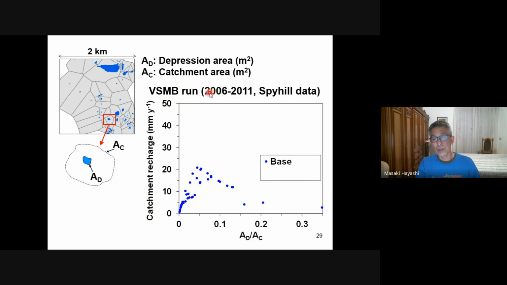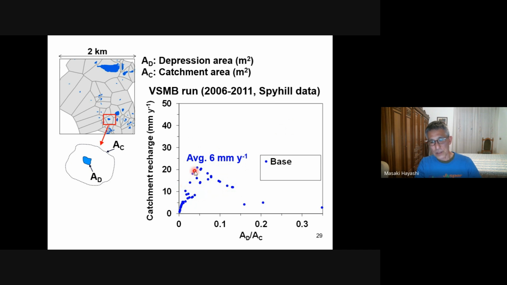We used the meteorological data for 2006 to 2011, and then we simulated the recharge for different ratios of depression area to catchment area. The base case was using the actual meteorological data for the present climate. And then we get the average recharge for the regional scale of 6 millimeter per year.